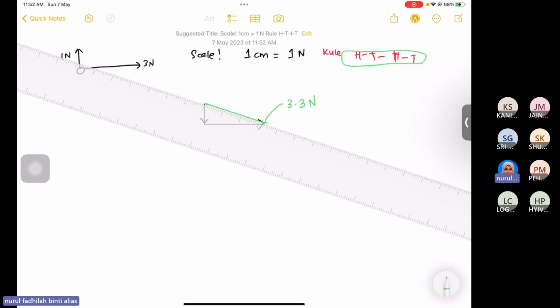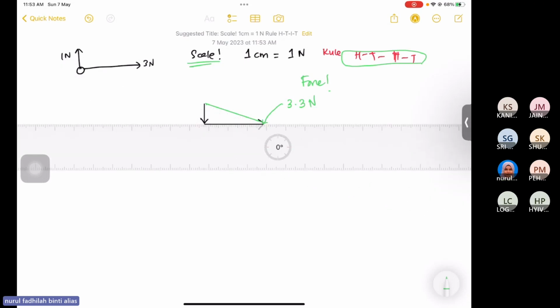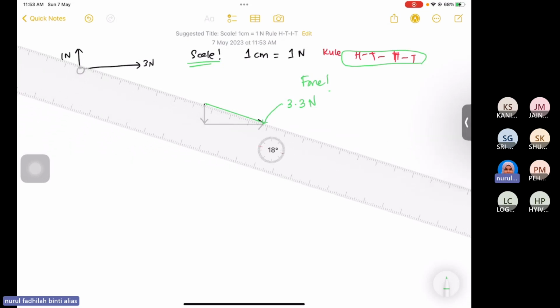You use the ruler and you have to make sure to use the scale. Okay, and then force. Remember force is a vector. So since force is a vector, you have to mention the 3.3 Newton in what direction. So you can measure from the horizontal, 0 degrees. So we look at the line, how many degrees? 18 degrees.